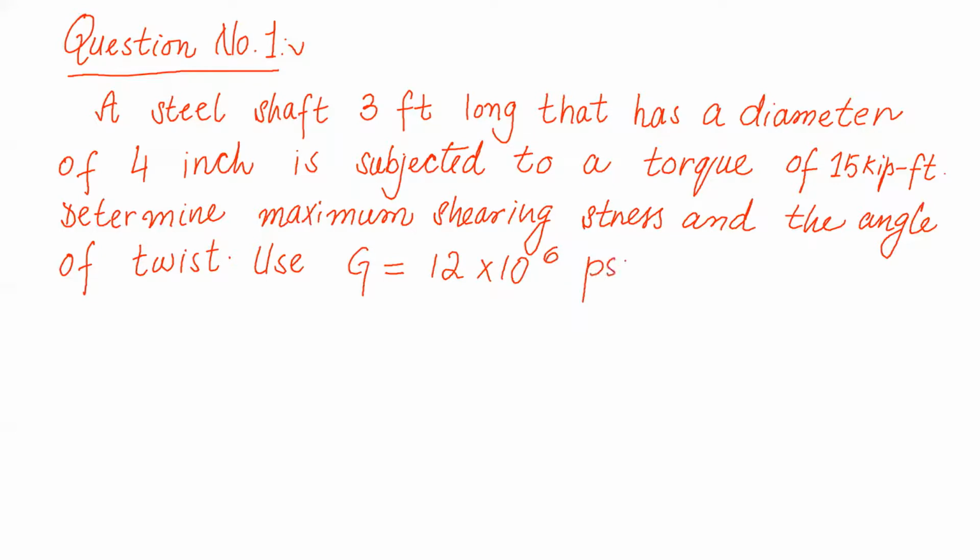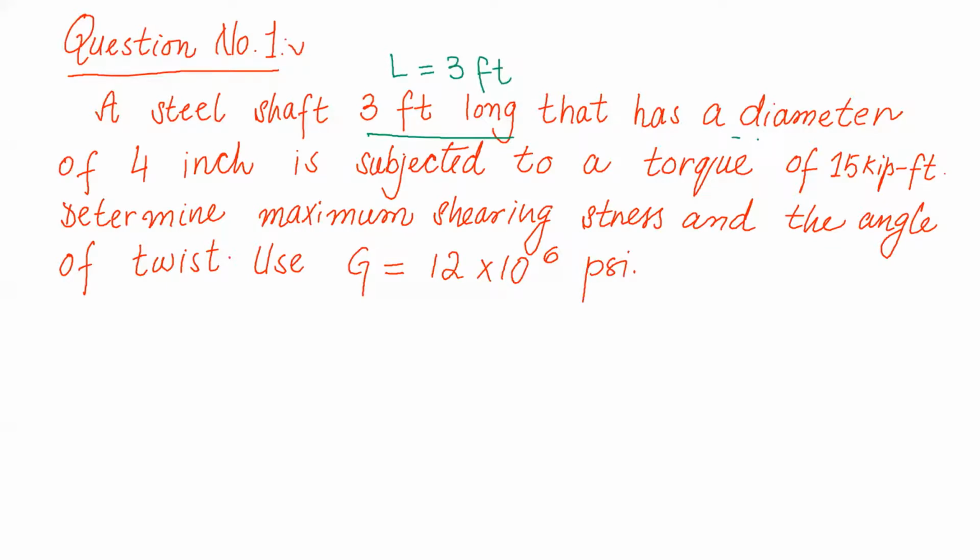First, we have to find out which data is given and which is required. For that purpose, we are going to select another pointer color and mark it. So a steel shaft is 3 feet long, so L equals 3 feet.